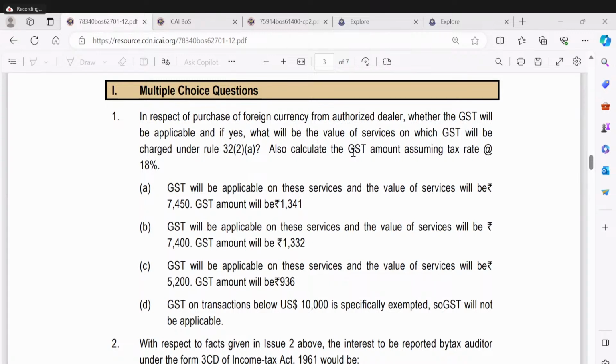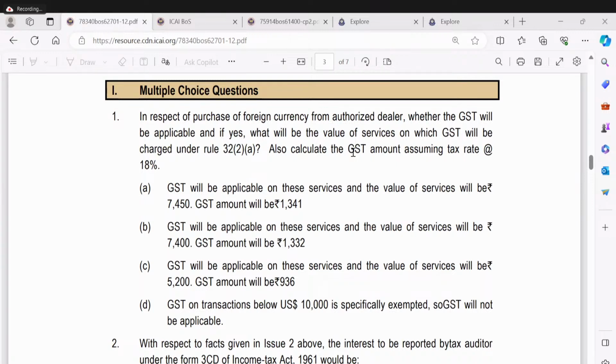Also calculate the GST amount assuming the tax rate at 18%, because under GST law, or at the final level also, students are not expected to memorize the rates of taxes which are applicable on a particular supply of goods or services. That is why you can see that the rate of GST applicable on this service is given here.